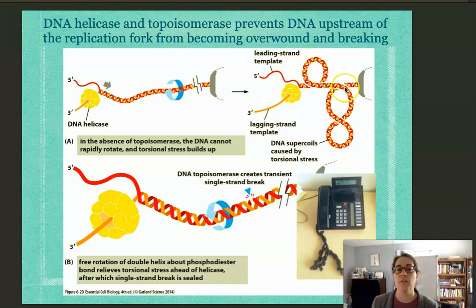It breaks the phosphodiester bond in one area of the DNA, separating one single nucleotide on one strand from the next nucleotide, and then it allows the DNA to unwind in a controlled manner so that the tension is released and we get rid of all this tangling that could result in, again, the breakage of DNA. And then we actually do reform this phosphodiester bond.